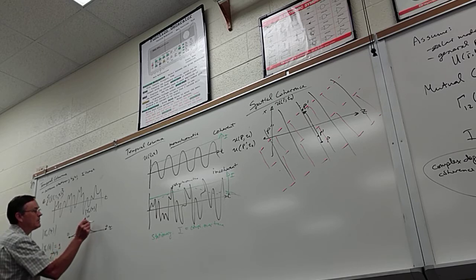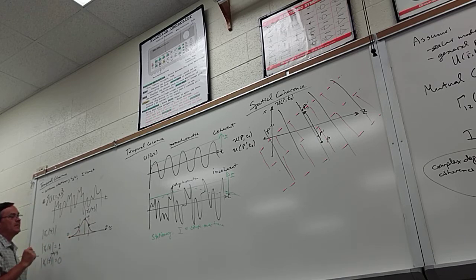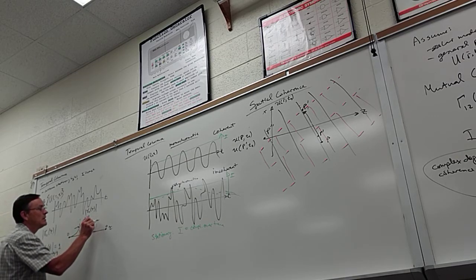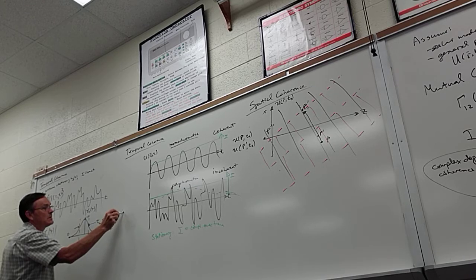And moreover, if I look right here, that characterizes the width of that shape. And we give that width a name. We call it tau sub c, which is the coherence time.